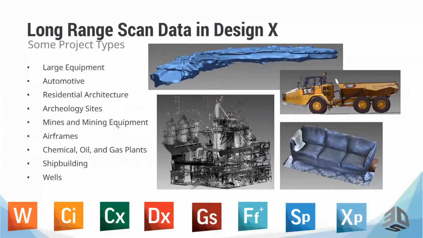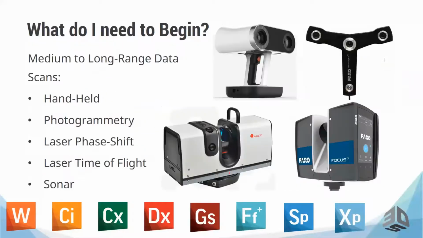And we do a lot of different things with oil and gas, airframes, archaeology, even automotive. Some other interesting applications are shipbuilding, and this is a scan, believe it or not, of a well system. So there's a lot of different things we can do with the data.